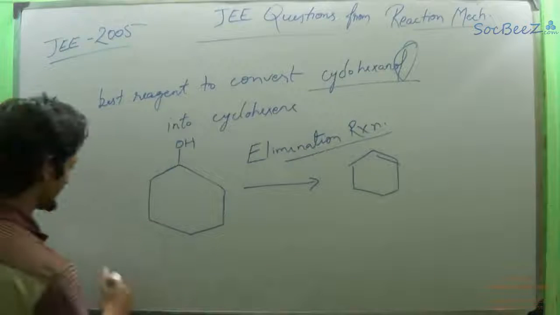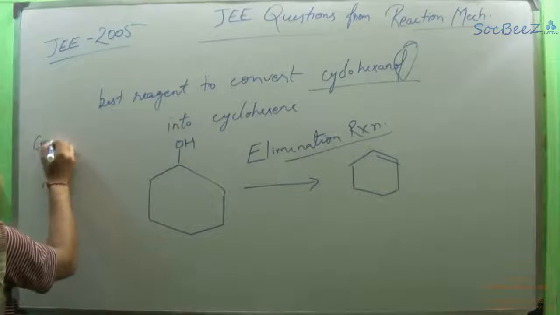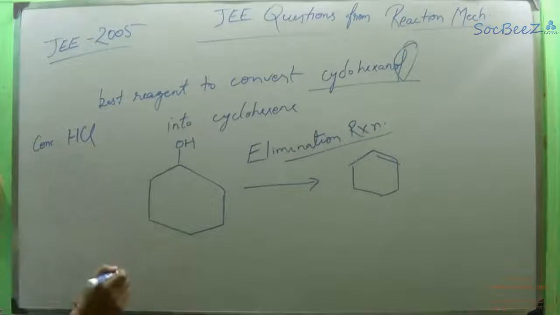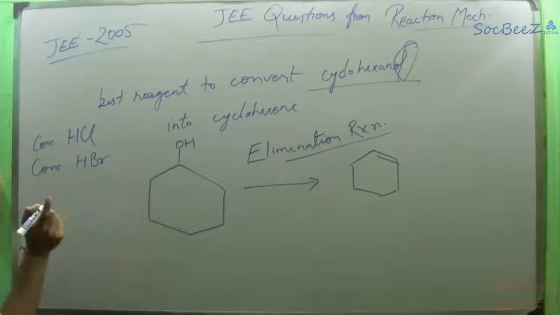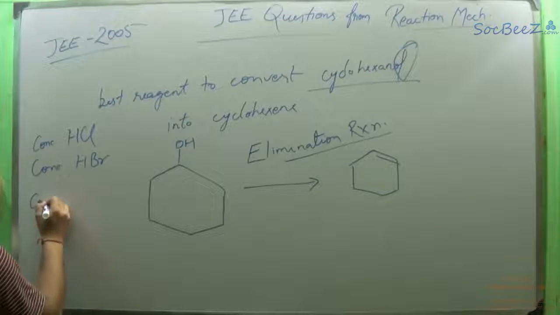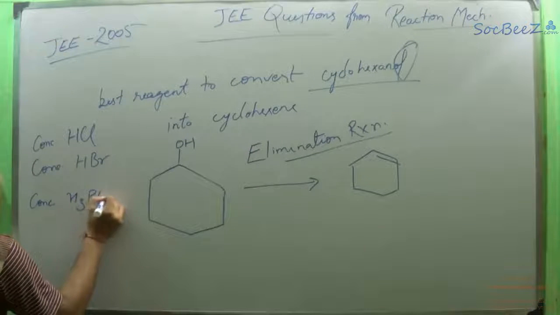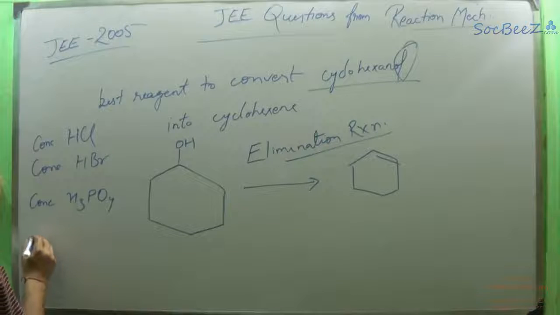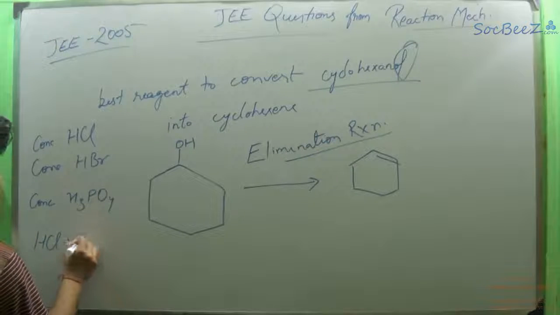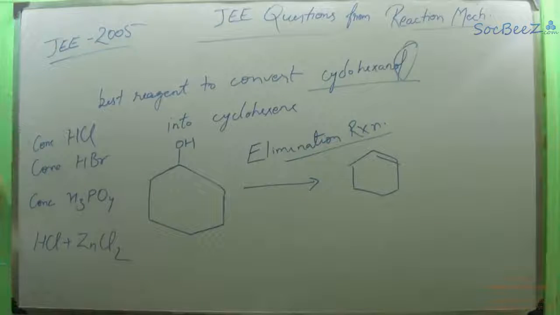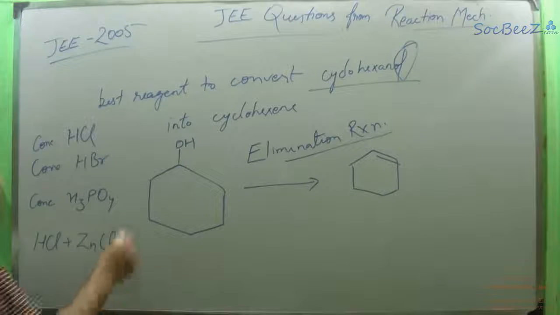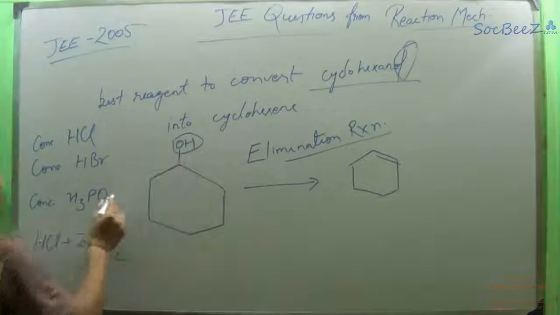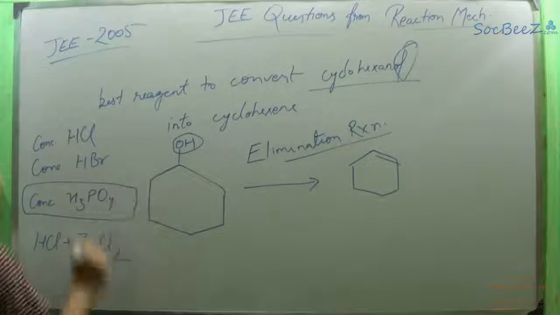The options which were given were conc HCl, conc HBr, conc H3PO4 and HCl plus ZnCl2. Now we have already discussed when we were studying elimination reactions that for the elimination of OH, the best reagent is conc H3PO4. Why is that?